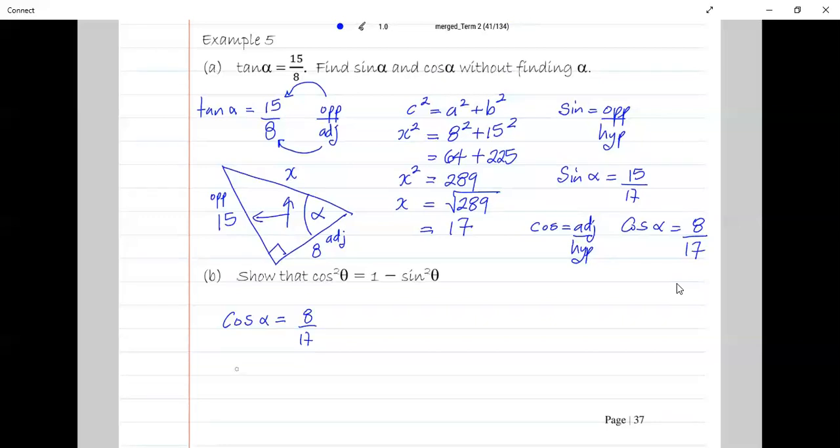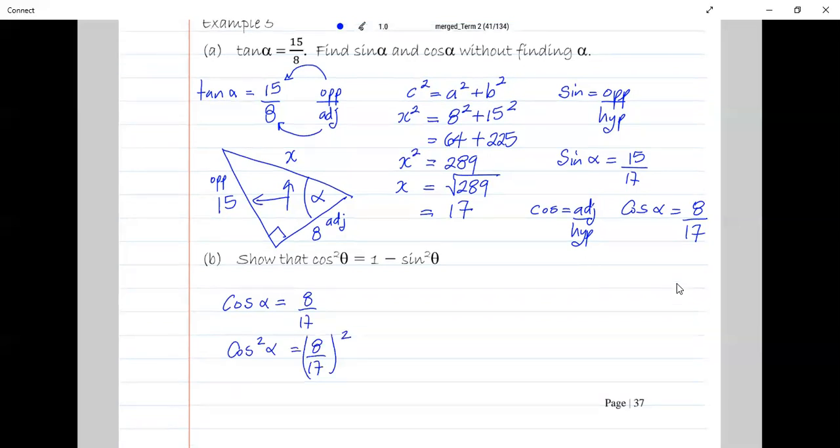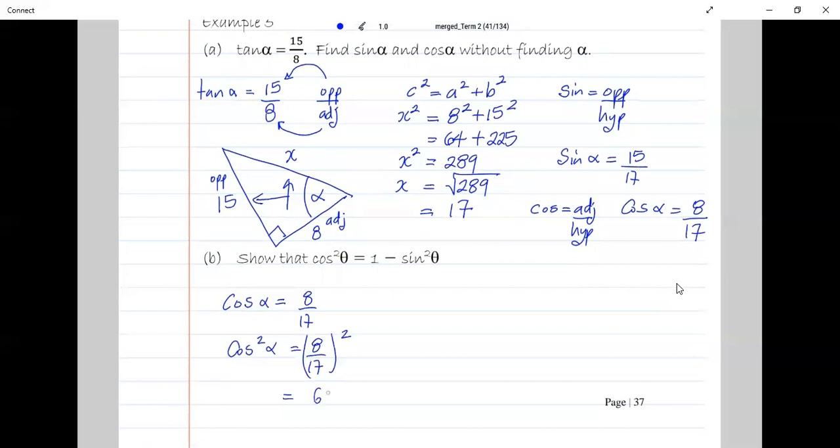So cos square alpha would be equal to 8 over 17 squared, which would turn out to be 64 over 289.